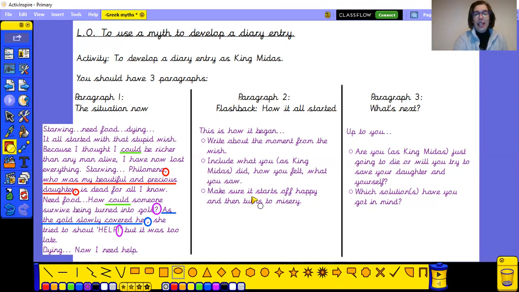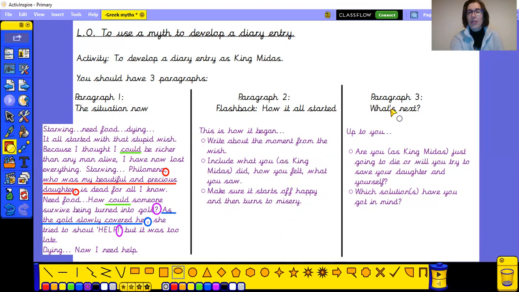So obviously, everything started and you were super happy, excited, but soon enough, it turned into misery. So it would be nice to have a part in this paragraph with a bit of a contrast from happiness to sadness and misery. So that is paragraph 2, how it all started, with a few ideas for you to use.